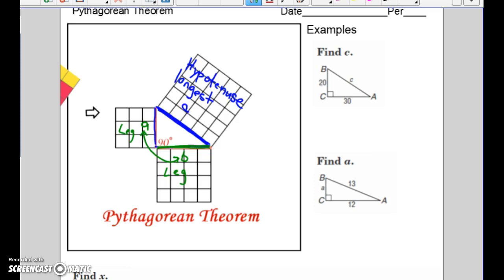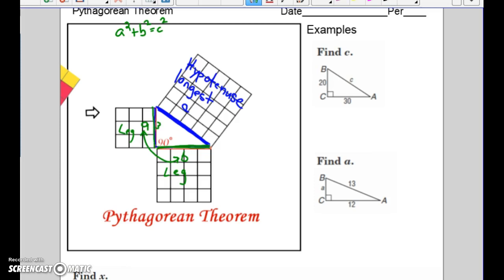But why is it that A squared plus B squared equals C squared? I want you to think of it this way. It is not A squared, it is A squared plus B squared equals C squared. Notice that this triangle is inside of these blocks, right? So this side right here is 3 units long, correct?